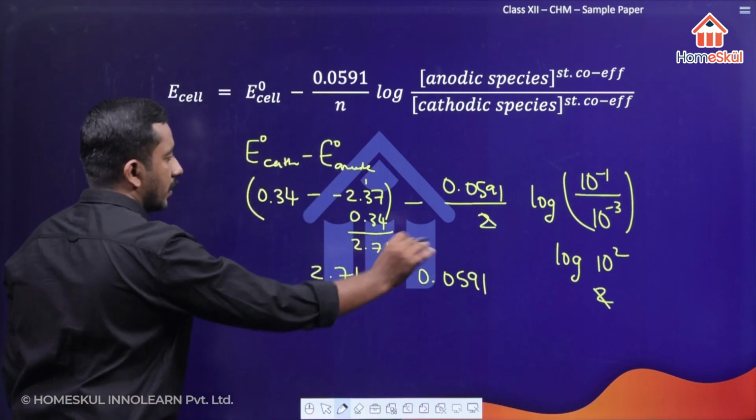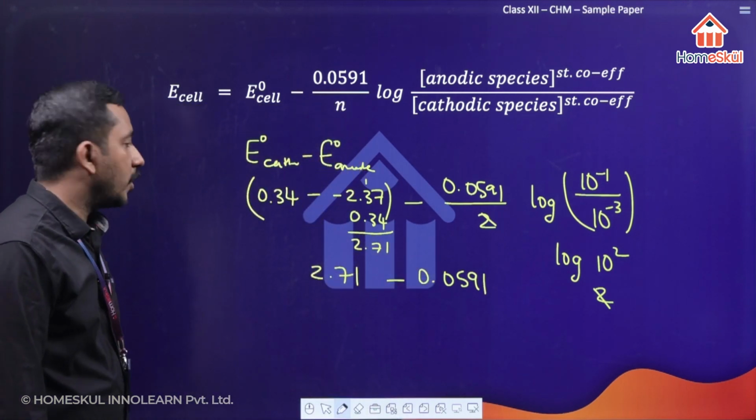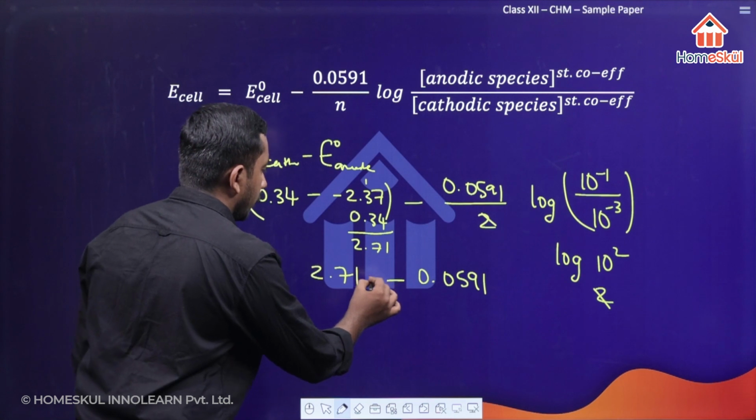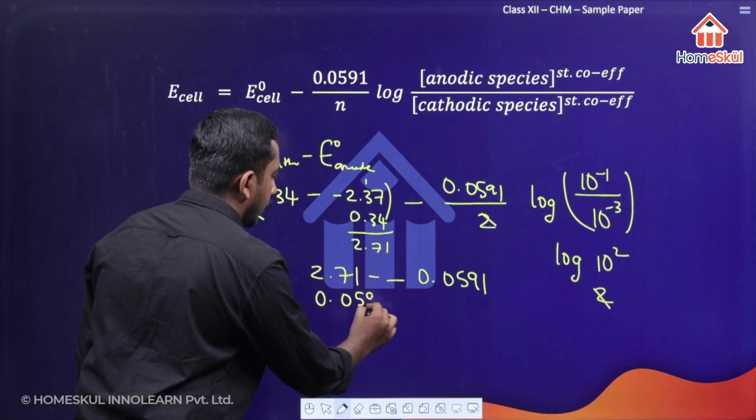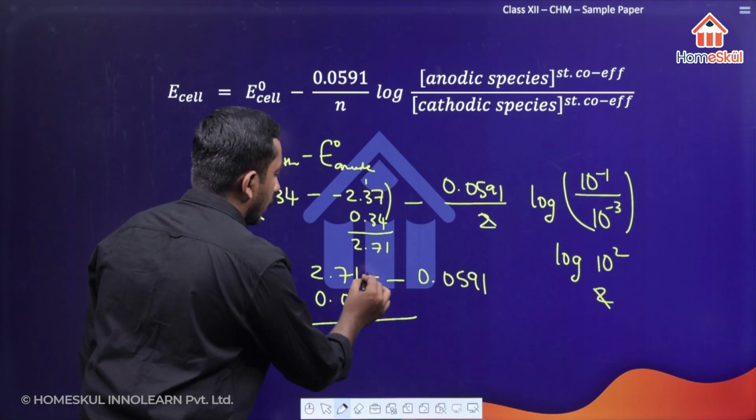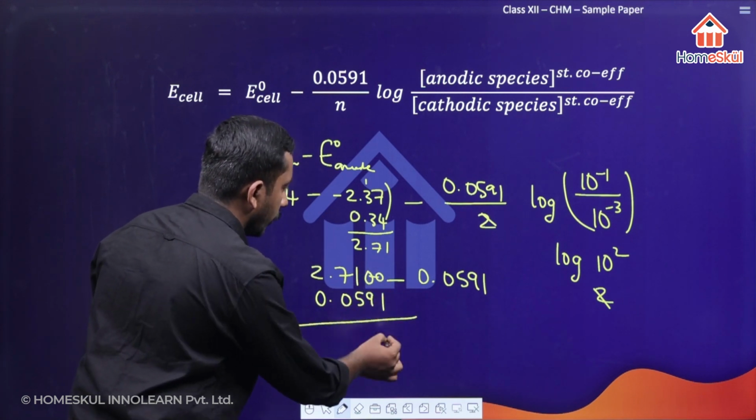0.0591. So we just have to find the difference between these two values, 2.71 minus 0.0591, and that will be our answer.